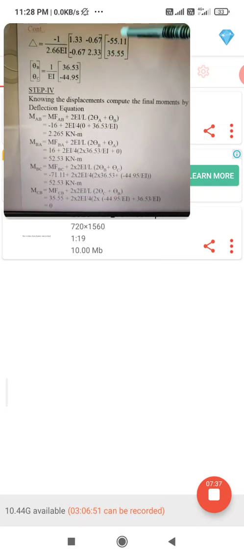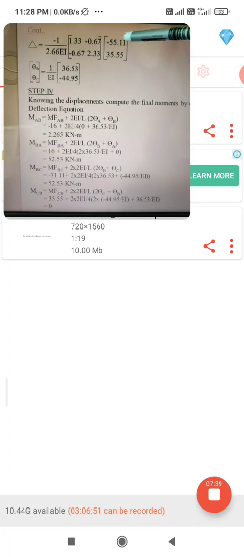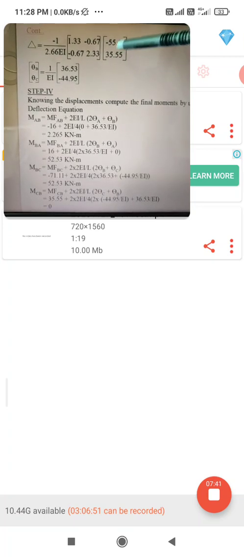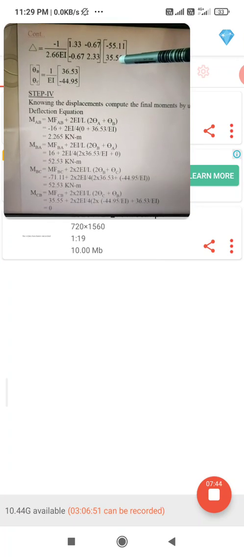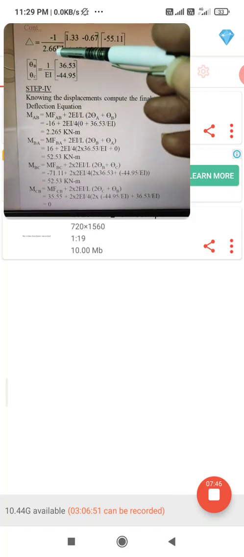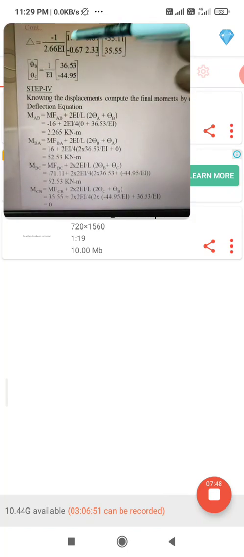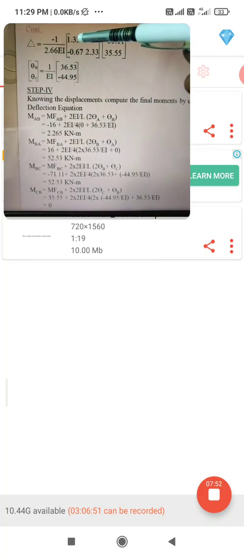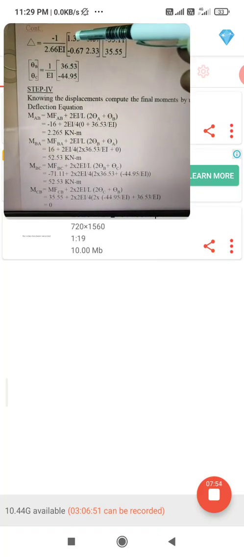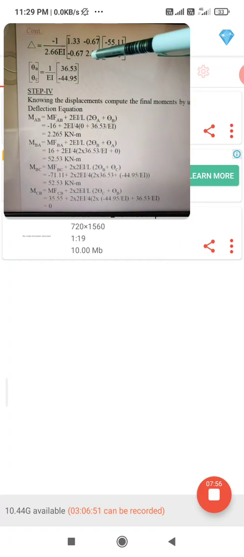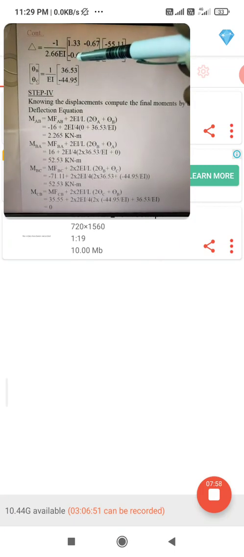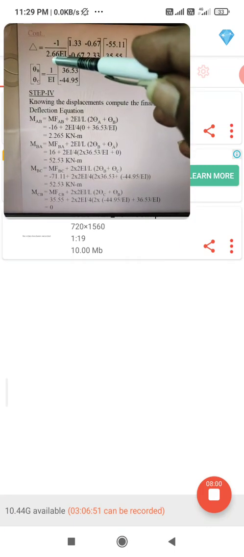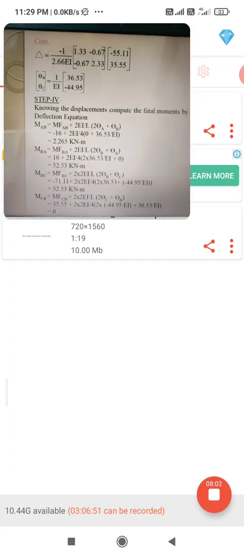And these are the P1, P2 values: for joint B, minus 55.11, and for joint C, 35.55. This will be the mod K: multiply these two, minus multiply these two. Mod K is 1.33 into 2.33 minus 0.67 into 0.67, so we get the value 2.66.